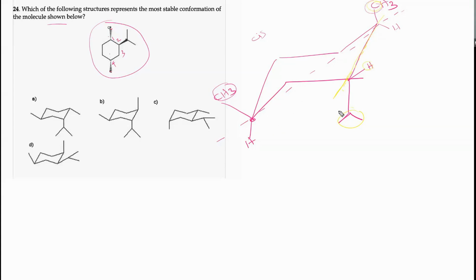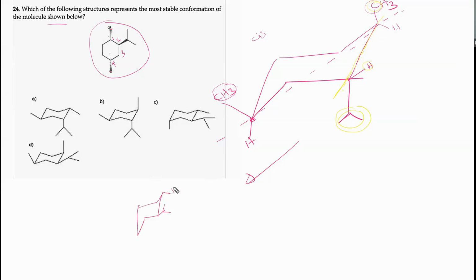Now for this molecule, the isopropyl group is axial, which is not very stable. If you want to draw a stable conformation, you have to make sure that the isopropyl is equatorial.